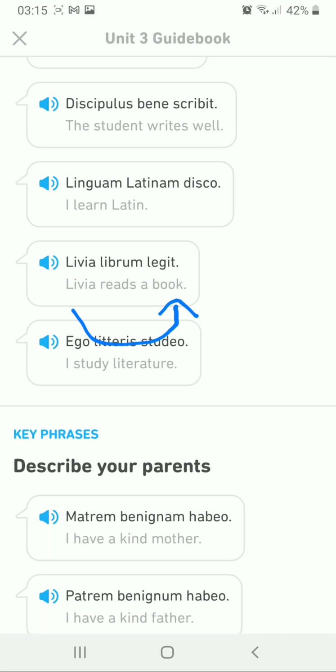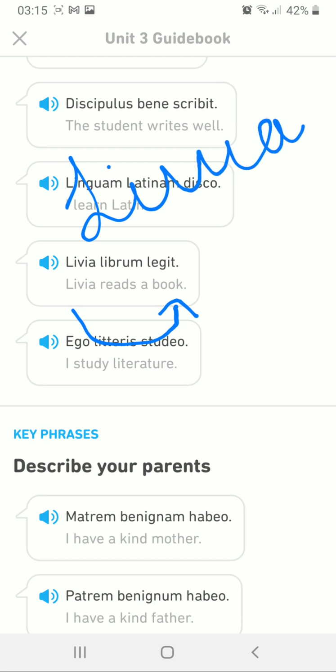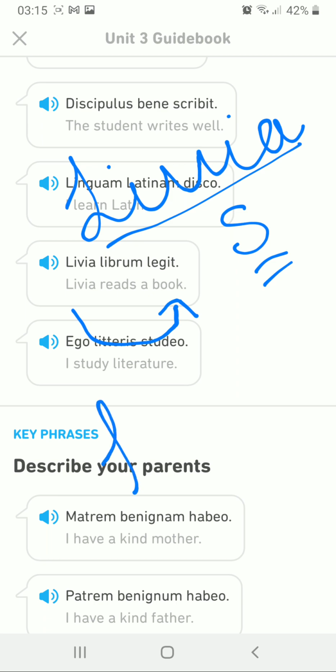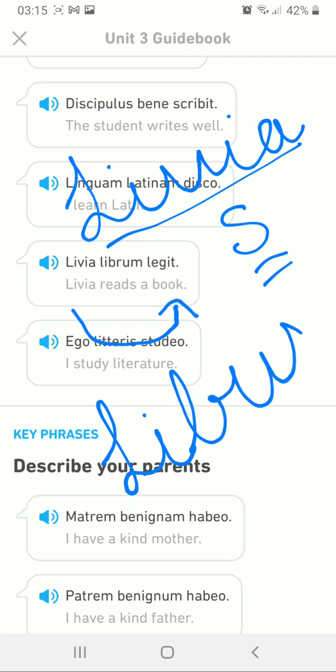So Livia is the subject, and Librus, if I'm not mistaken, is the object here.